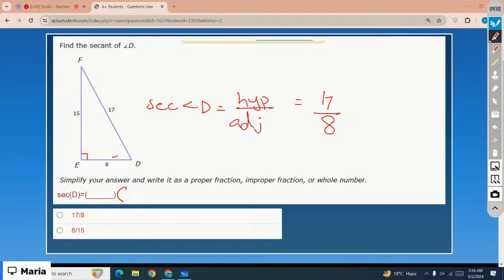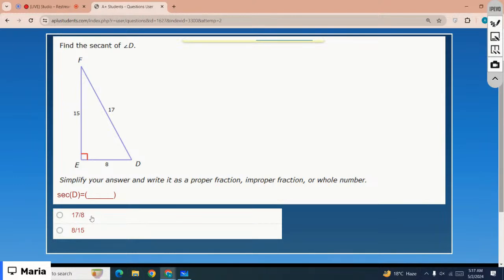The correct option is option number 1, 17 over 8.